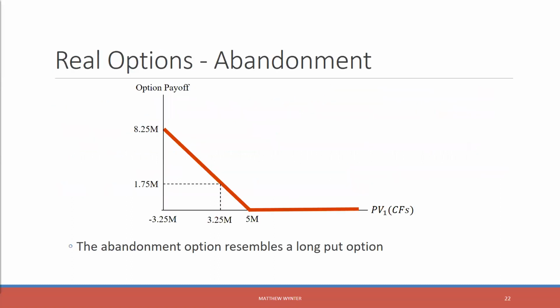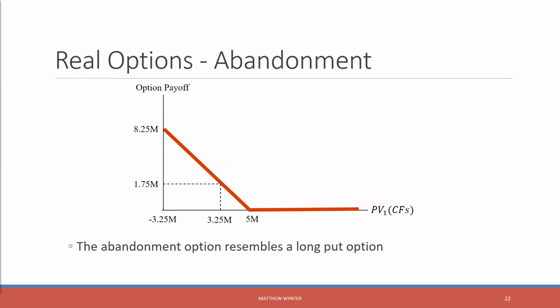Okay, so let's look at the payoff. Here, we've got the present value of our expected cash flows. So let's make sense of this. Remember, no matter what, we can sell this for $5 million. And then here we have the payoff for our option. So in the worst state of the world, we're going to have an expected present value of future cash flows of negative $3.25 million.